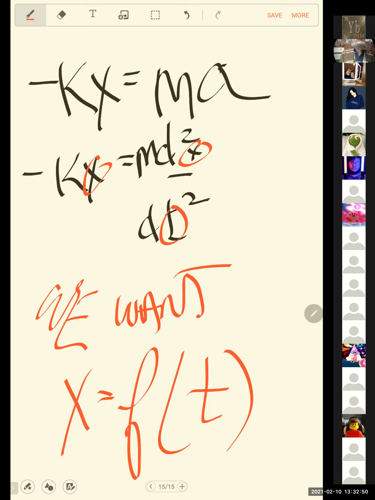We want x as a function of t. We want some rule where if you plug in 1 second, you get out the appropriate position. We have an equation here that only has variables x and t in it. Somehow this equation must be solvable for x and t, but we have to solve it. We're not there, but we have an equation. Physics is giving us an equation with a bunch of constants, and you can plug in numbers for m and k and so on, but the only variables in it are the ones we want, x and t. We just have to rearrange or unpack this equation somehow to get x as a function of t. That's what we're going to start doing on Monday. That's totally where we're done for right now.